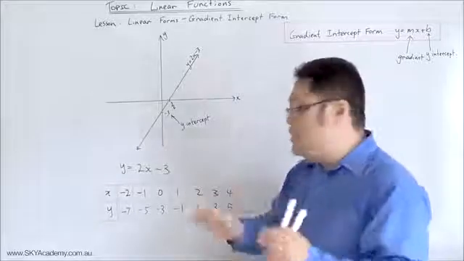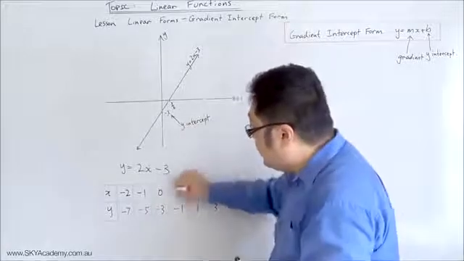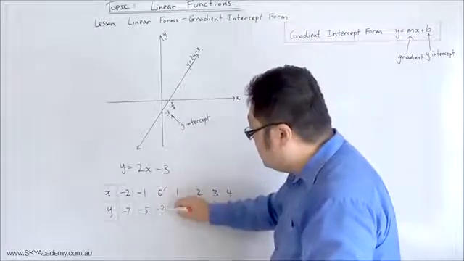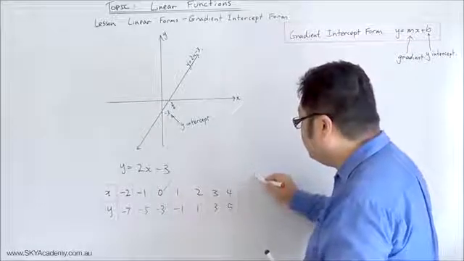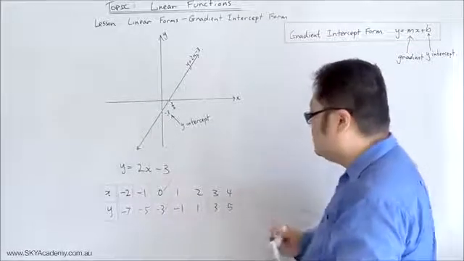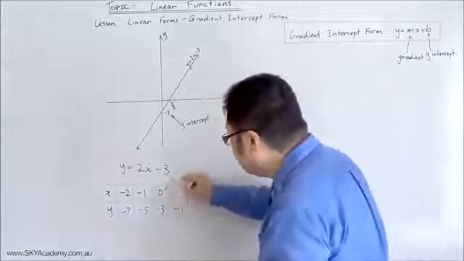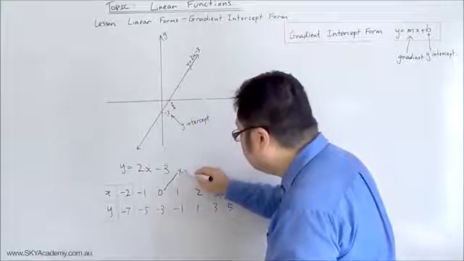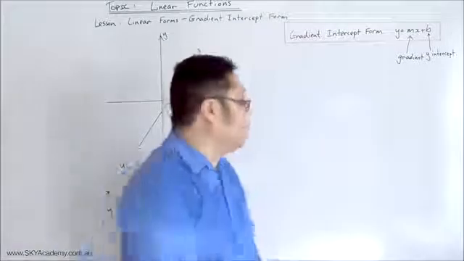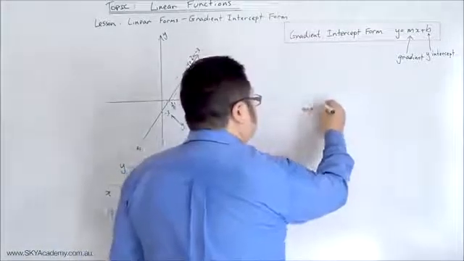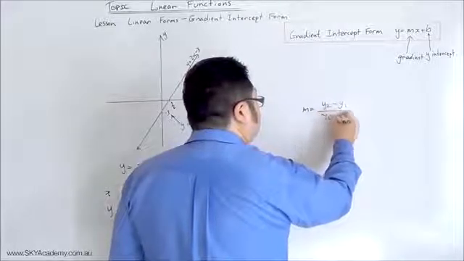Let's choose any 2 points. Let's choose these 2 points. That will be x1, this will be y1, that'll be x2, and this will be y2. So let's work out the gradient. m equals y2 minus y1 over x2 minus x1.